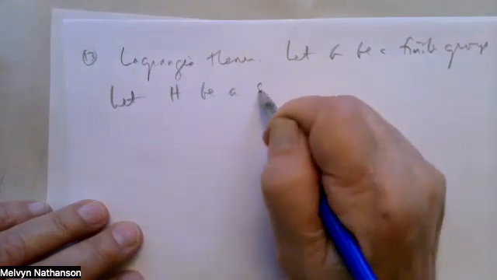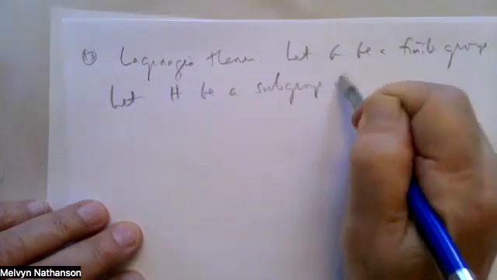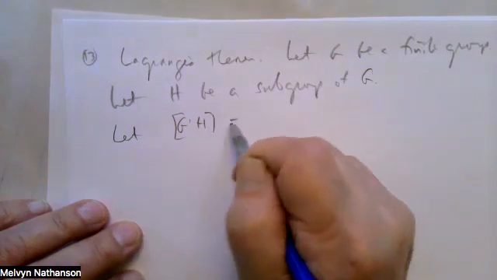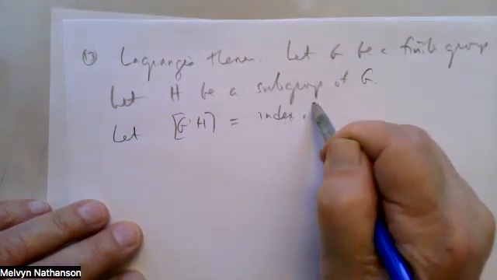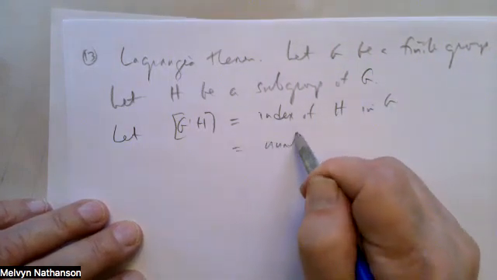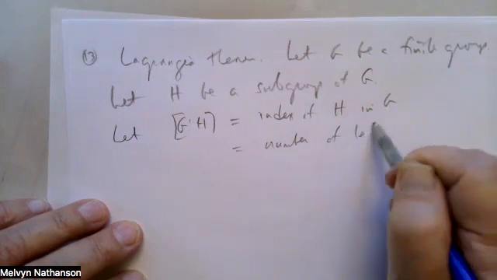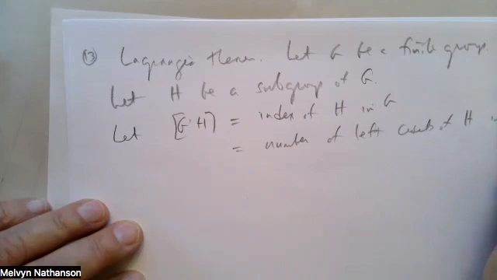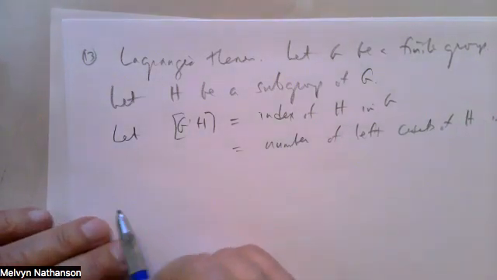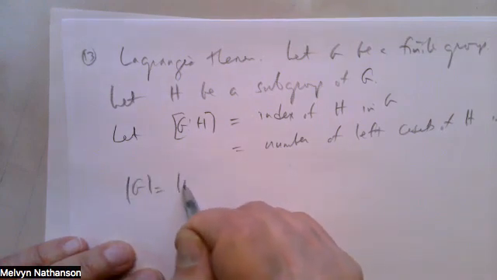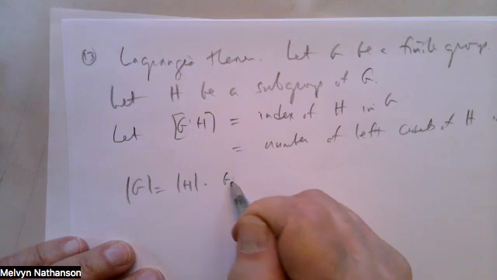Let H be a subgroup of G. Let (G : H) be the index of H in G, which is the number of left cosets of H in G. And the theorem says that the order of the group is the order of the subgroup times the index.